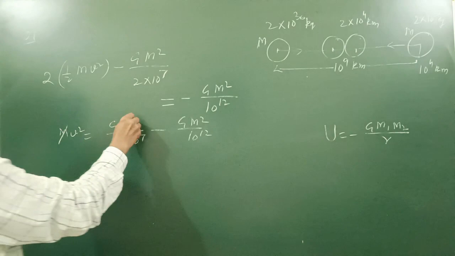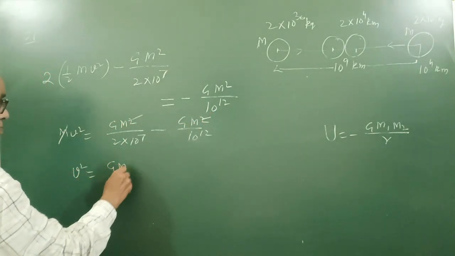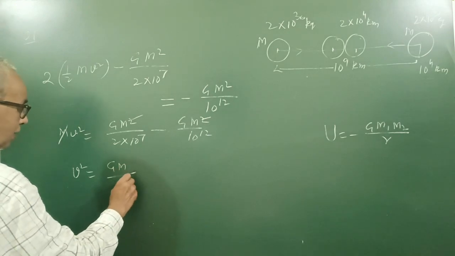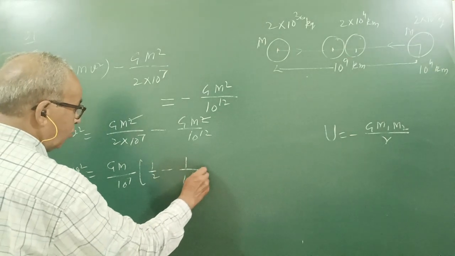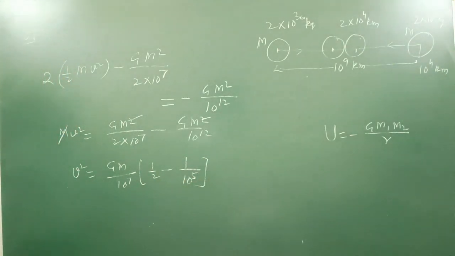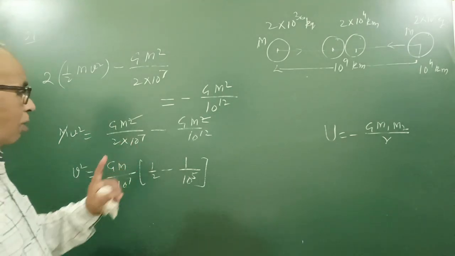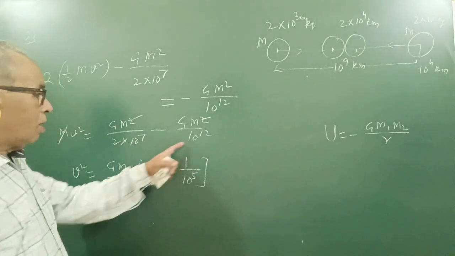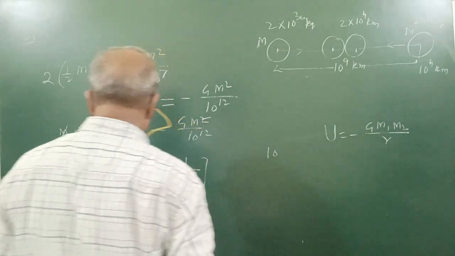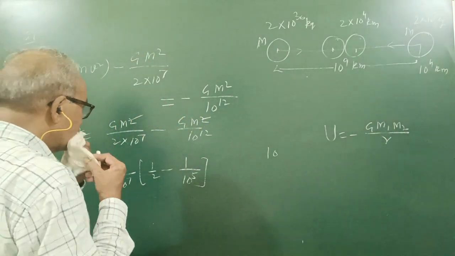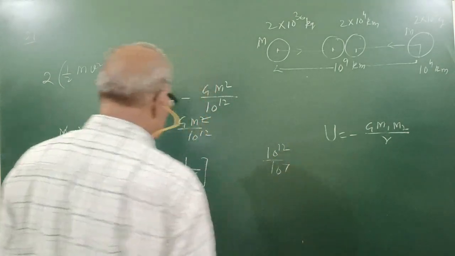Now m square gets cancelled, so v square equals Gm upon 10 to the power 7, you can take common, 1 by 2 minus 1 upon 10 to the power 5. Do you understand what I have done? I have taken Gm upon 10 to the power 7 common, so 1 by 2. To take common is to divide. So when you divide 10 to the power 12 by 10 to the power 7, you get 10 to the power 5.